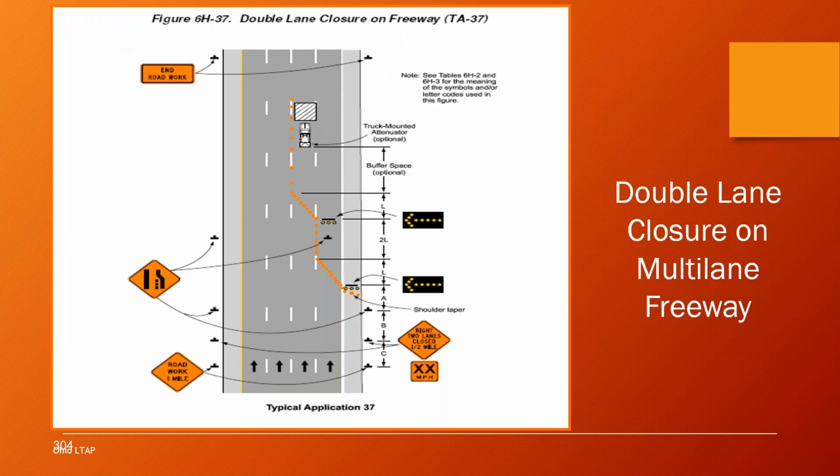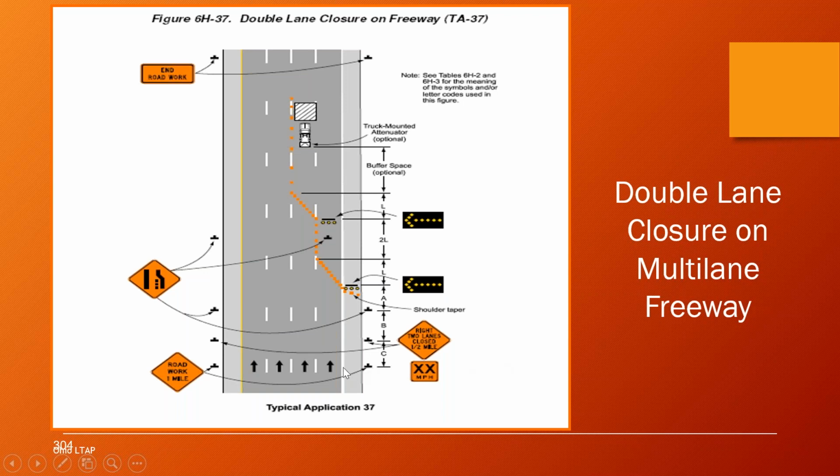And then sometimes on our freeways that have 3 and 4 lanes, we need to close more than one lane, and that's why we look at our typical application 37 to help us do that. So here's our double lane closure on a multi-lane freeway.